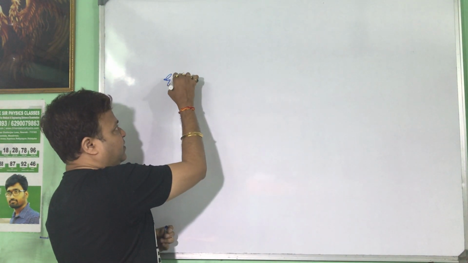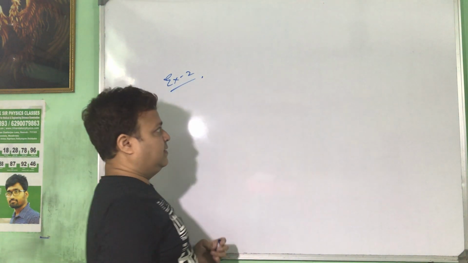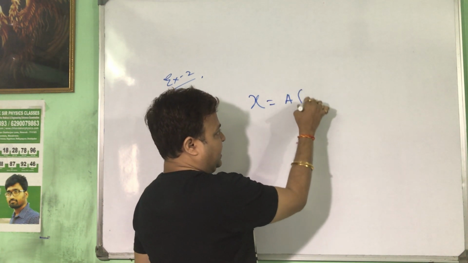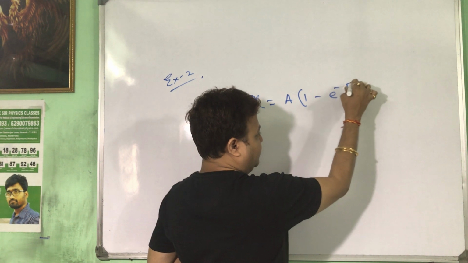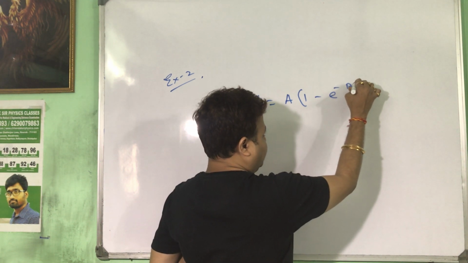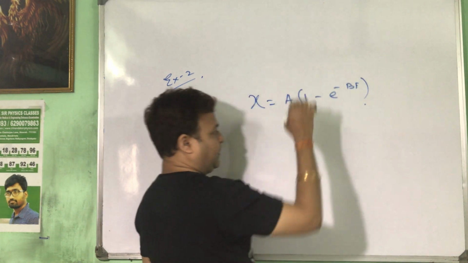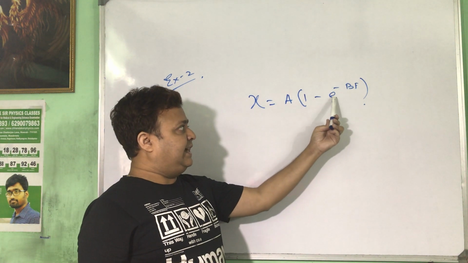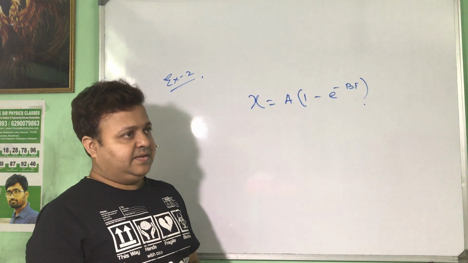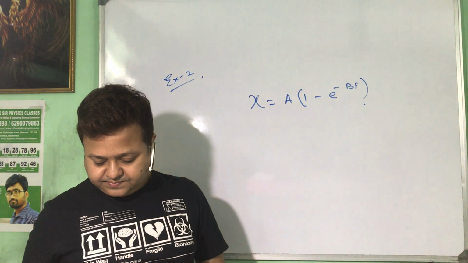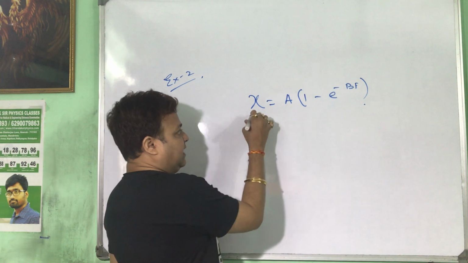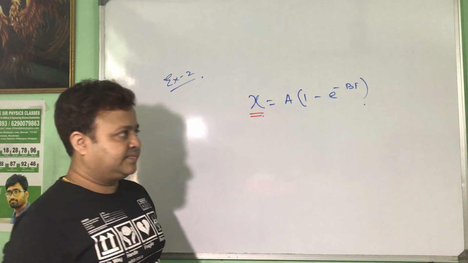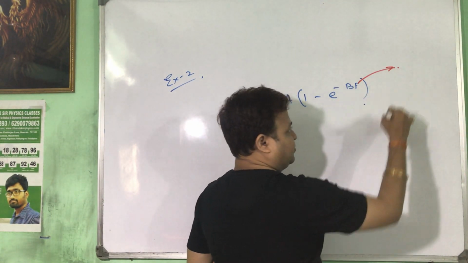Example number 2. X equals A into 1 minus e to the power minus B into F. Write down x equals a into 1 minus e to the power minus b into f, where x is the distance and f is the force.